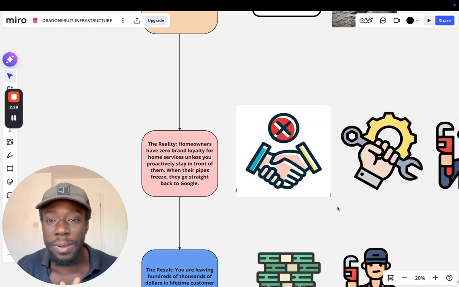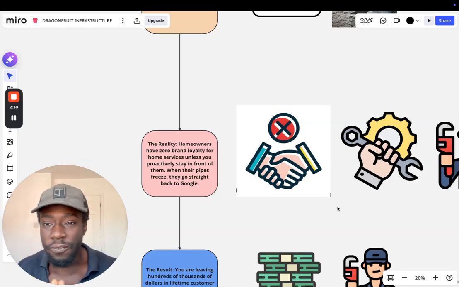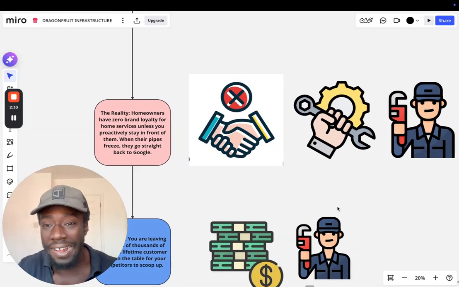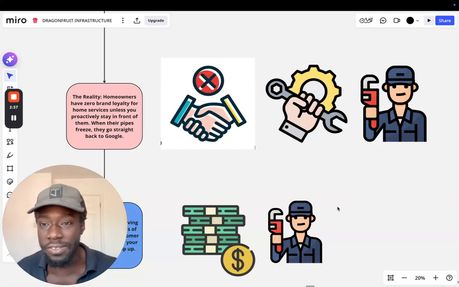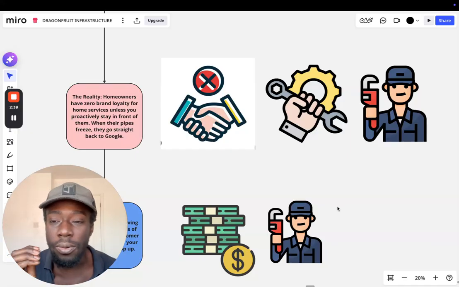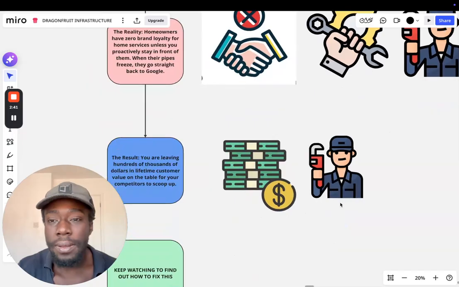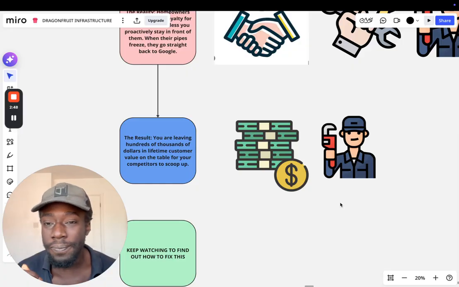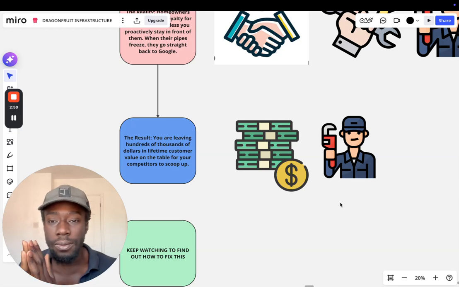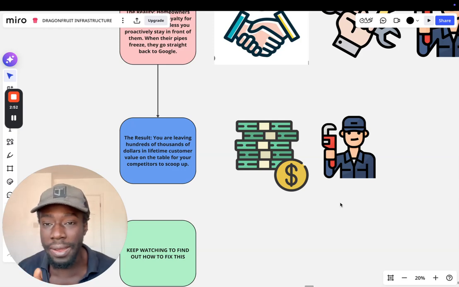The reality is that homeowners have zero brand loyalty for home services unless you proactively stay in front of them. When their pipes freeze, they go straight back to Google. You are leaving hundreds of thousands of dollars in lifetime value on the table if your competitors go ahead and scoop them up.